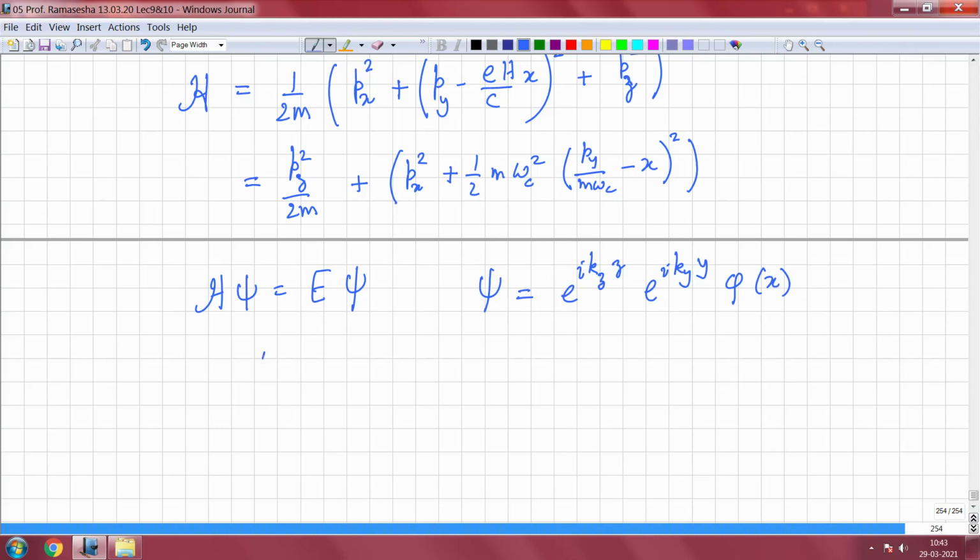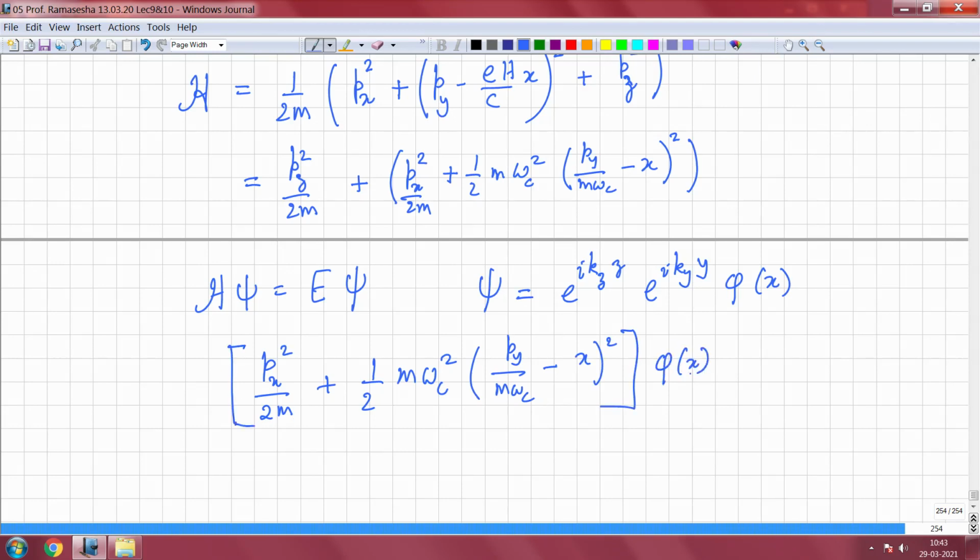I will get Px squared by 2m plus 1/2 m omega c squared times (py by m omega c minus x) the whole squared, times phi of x, is equal to E minus Pz squared by 2m, which is the kinetic energy for motion along the z axis, times phi of x.